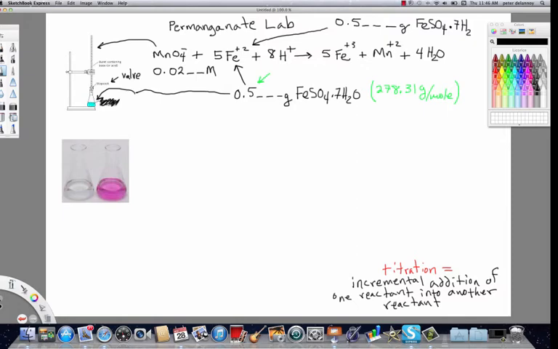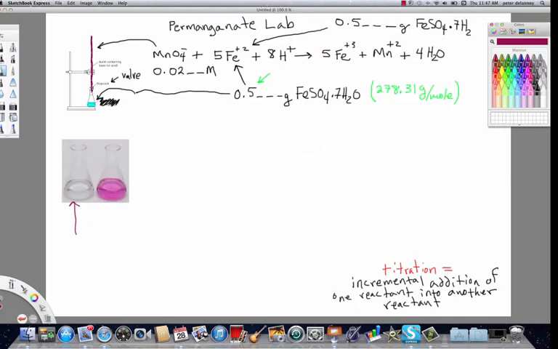All right, now permanganate is a colored solution. It's dark purple, and so I'm going to indicate that here by giving the burette some coloration. So the permanganate solution is going to be in the burette. The iron sulfate heptahydrate solution is actually colorless, and I imported this other image here so you can see what the color of the iron 2 solution looks like.